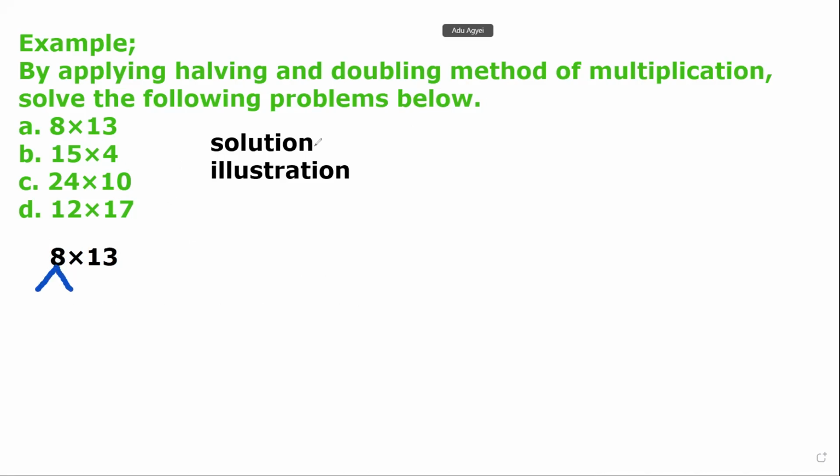Okay. So the half of 8 is 4. Okay. Now we have 4 plus 4. So let me put them in a bracket, okay?